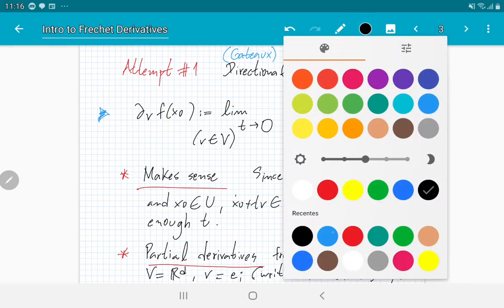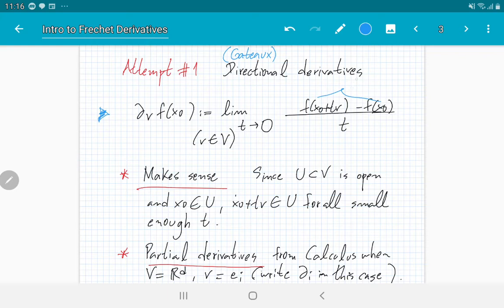So the numerator here belongs to W. It's a difference between two elements of W. And I divide by t. And if this limit when t goes to 0 exists, this is called the directional derivative in the direction of v. And sorry, there's one more thing I need to take a plus here.